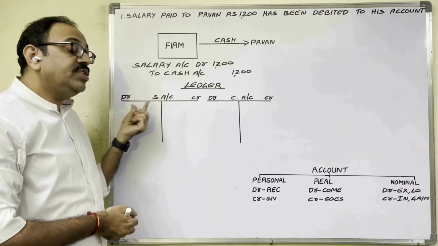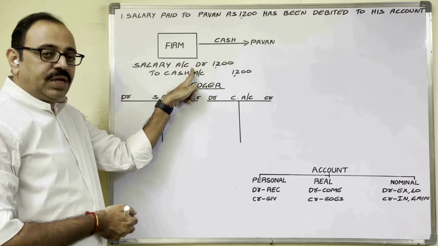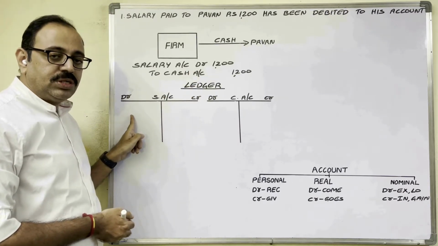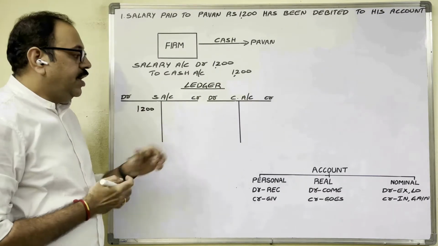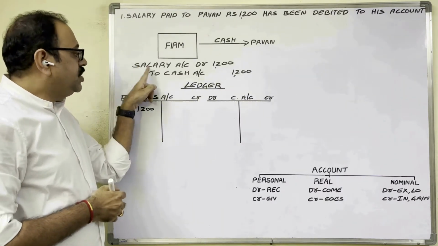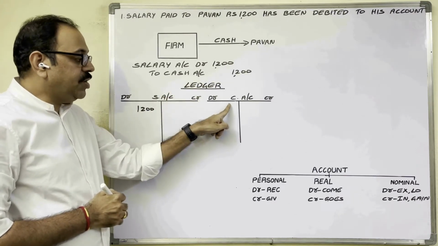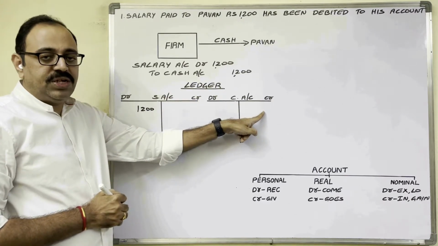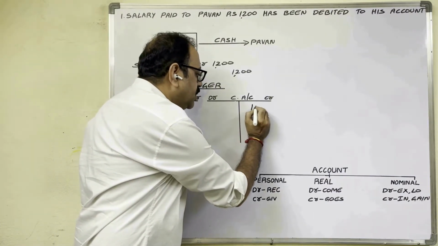In salary account, as salary account is debited in the entry, on the debit side we should post to cash account 1200 rupees. In cash account, in the journal entry, cash account is credited. Therefore, in cash account on the credit side, we should post this entry: by salary account 1200 rupees.